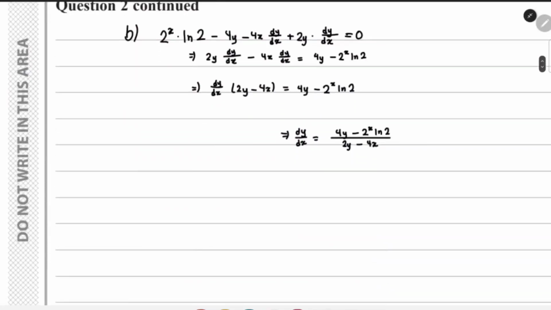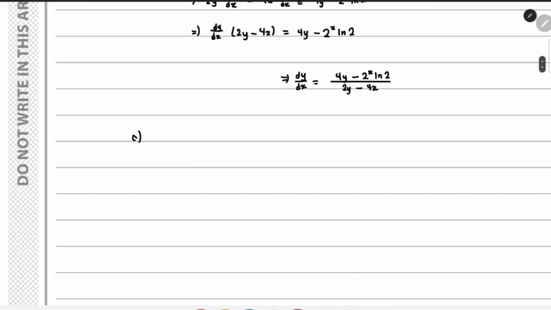So I'll do that over here. I already know what dy by dx looks like. So dy by dx is equal to 4y, 4 times 9, minus 2 to the power x ln 2, so 2 squared ln 2, divided by 2y, so 2 times 9, minus 4 times 2.